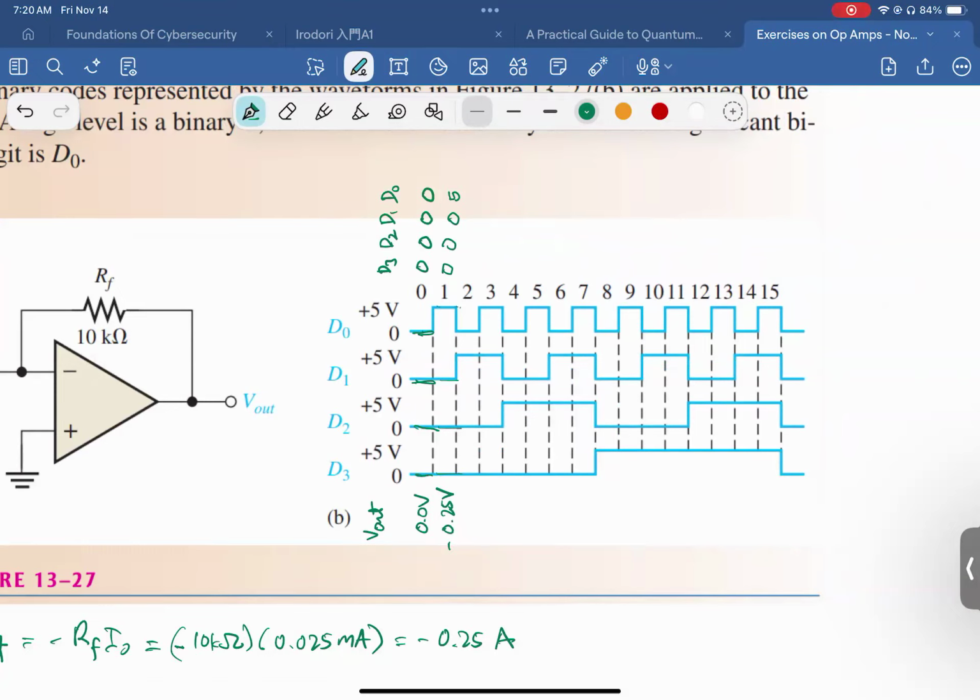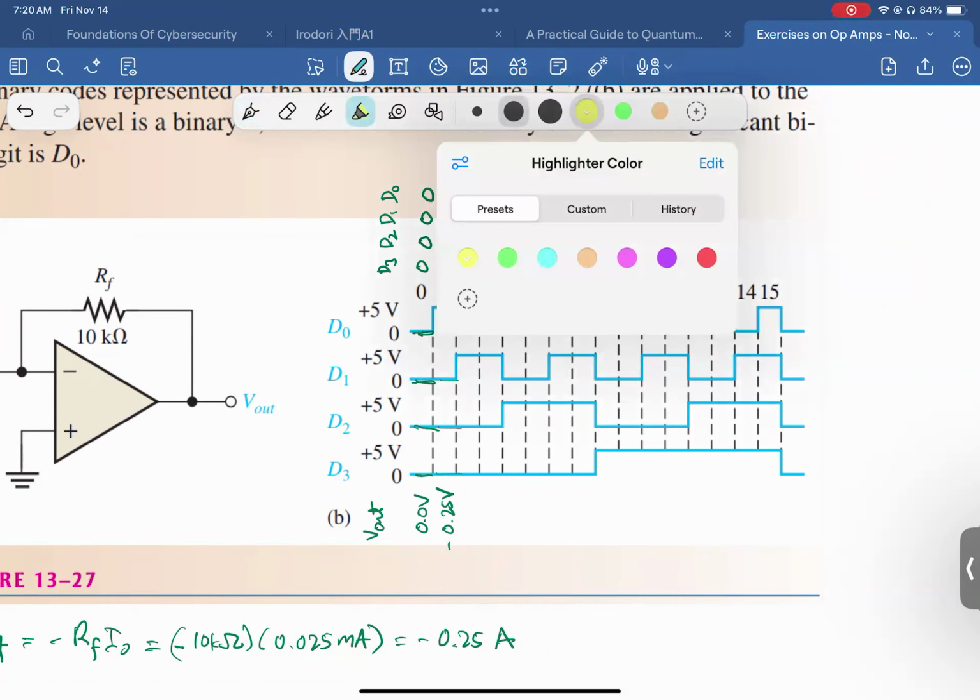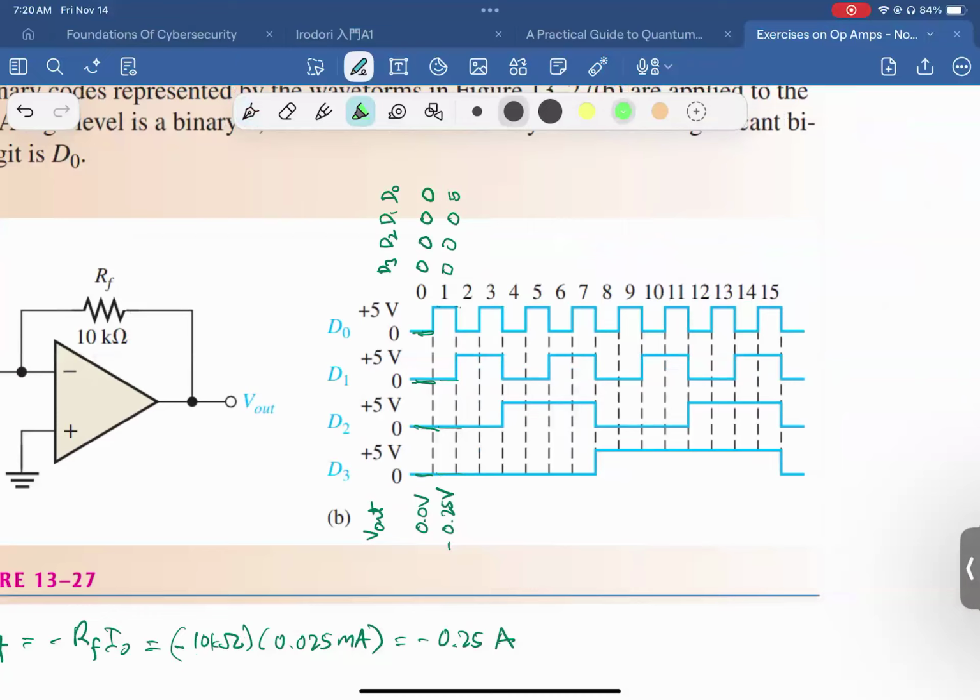Okay, so next, dito naman sa 2, gamitan natin ng konting shade para hindi siya confusing. Ito yung una, then ito naman yung pangalawa or pangatlo.